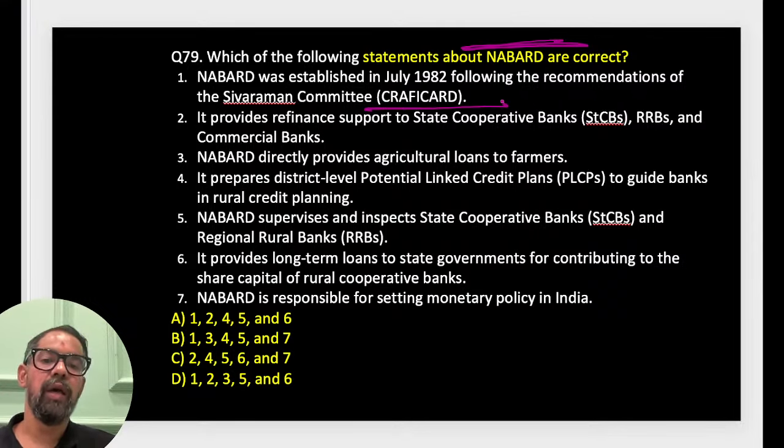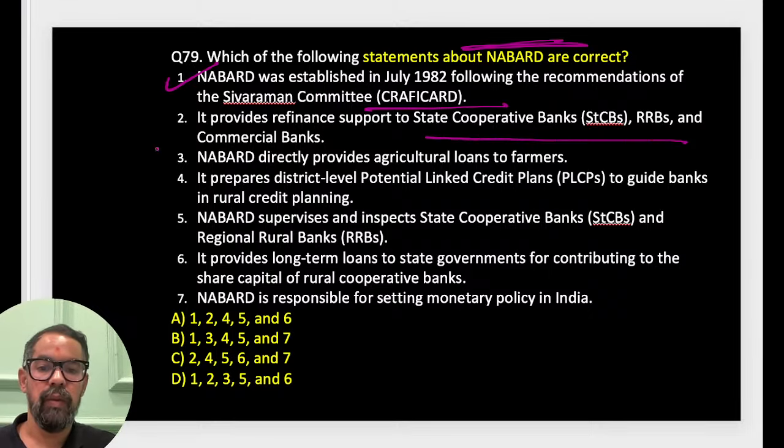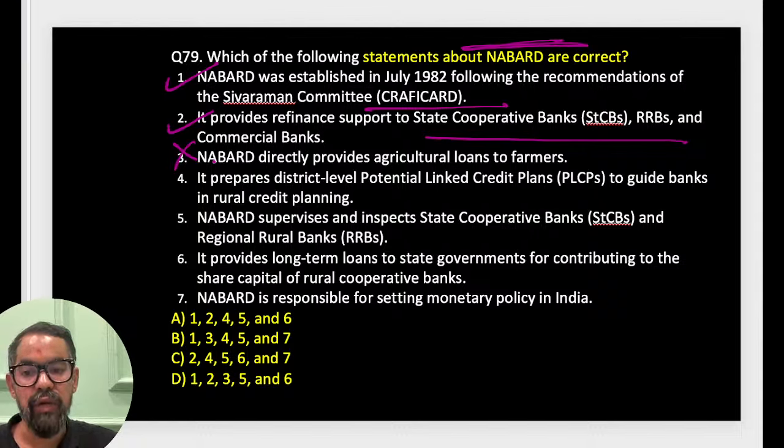CRAFICARD is the Committee to Review Arrangement for Financial and Institutional Credit for Agriculture and Rural Development, which was led by B. Sivaraman. It was established on 19th of July 1982. The first statement is 100% true. The second statement is also true. It does not directly deal with customers. It is refinancing business.